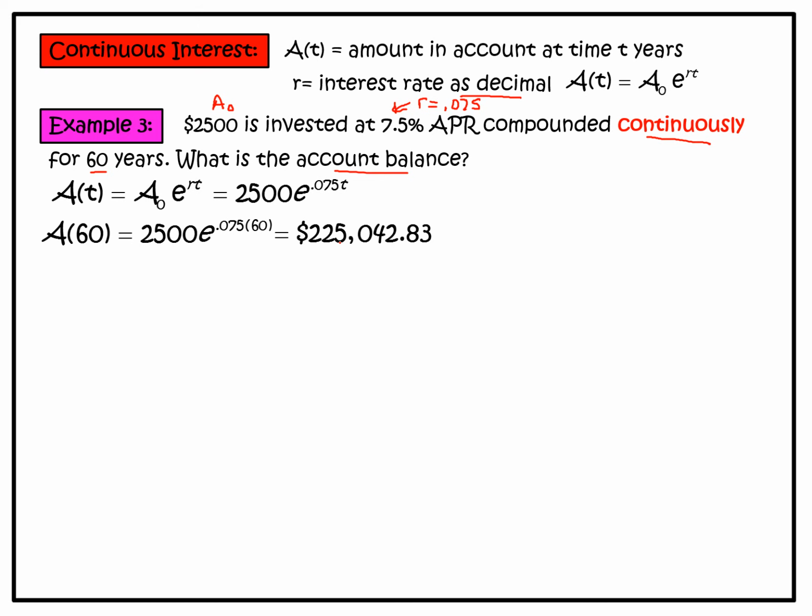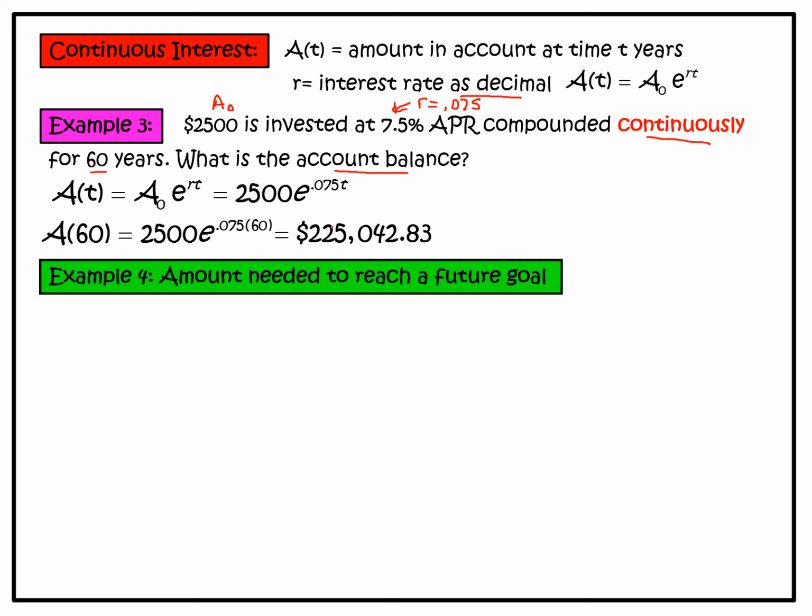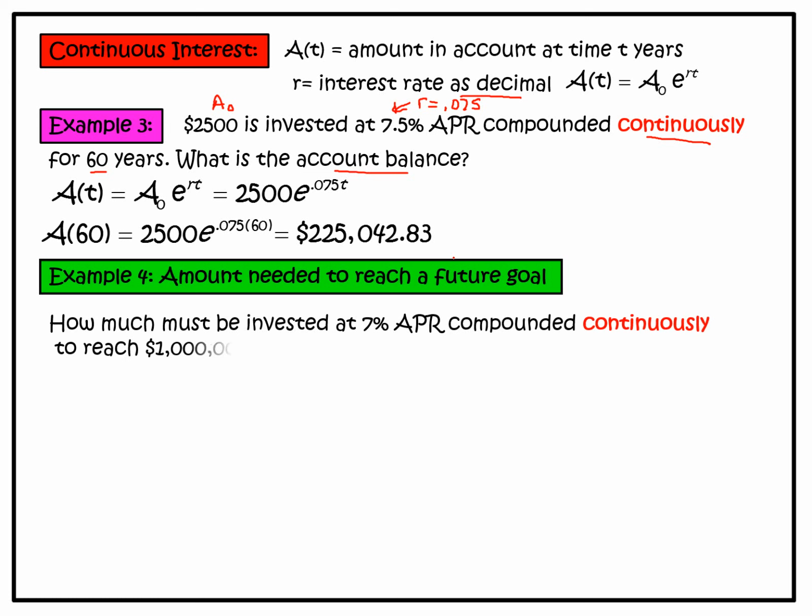So now we might want to know what amount we would need to get to a certain goal. So say you're saving for retirement. And for example, how much would be needed to reach $1 million in 40 years?